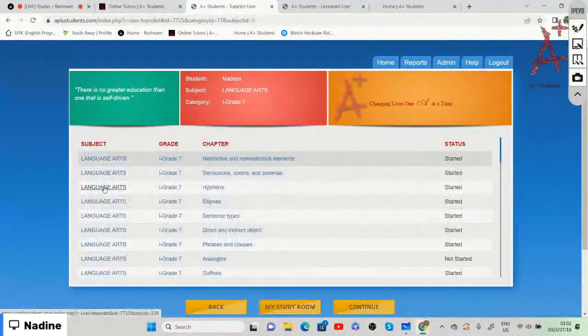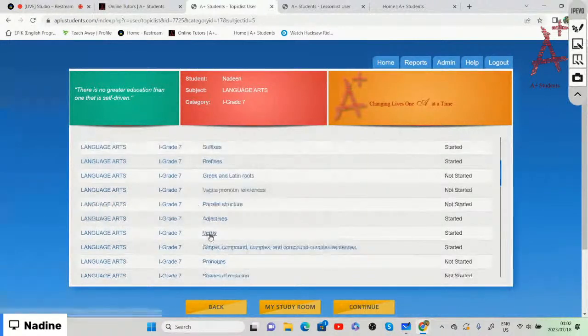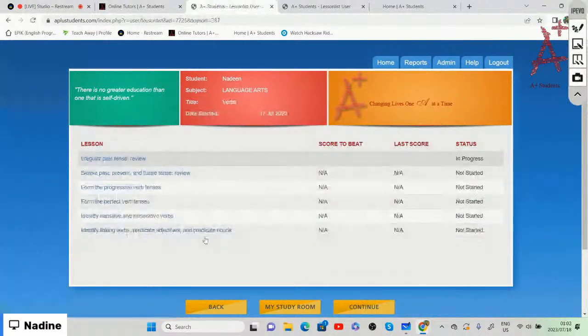Once we are in grade 7, we're going to scroll down until we get to the chapter on verbs. Our chapter for tonight is verbs, and we are going to cover quite a few lessons under it, starting with irregular past tense verbs, or like a review on that.